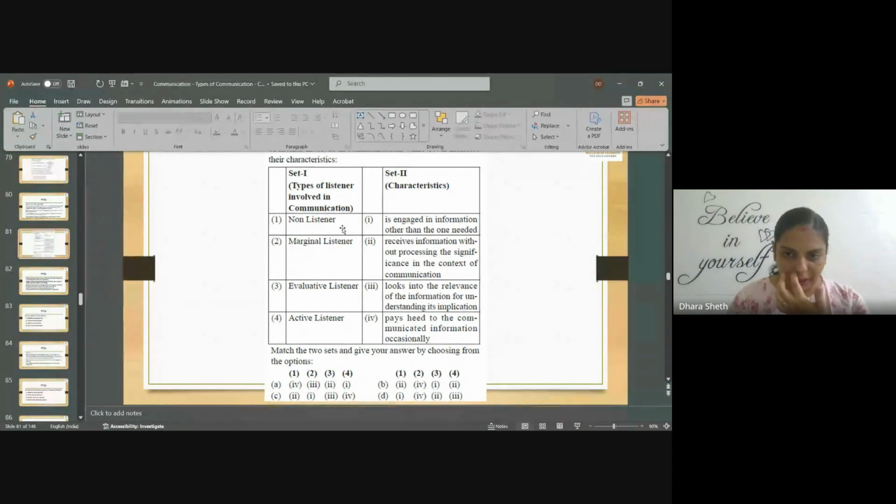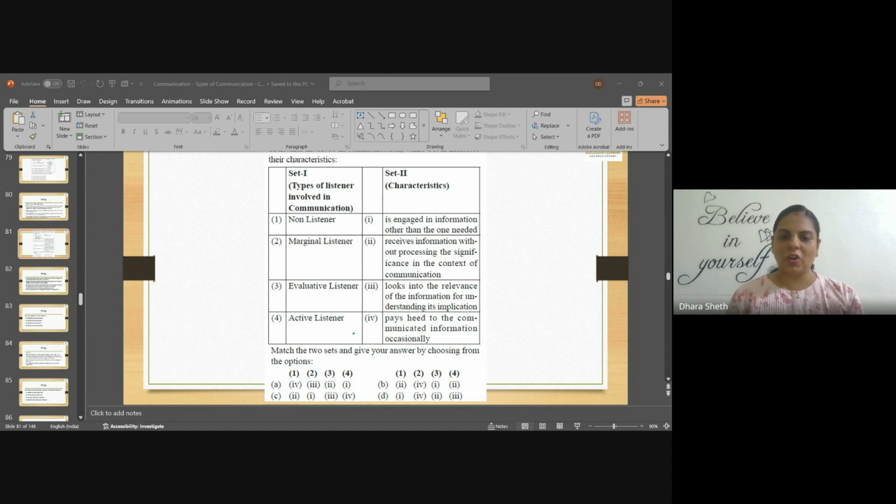A non-listener is engaged in information other than the one needed. Non-listener is someone who's not engaged at all; they are engaged somewhere else. Marginal listener is someone who pays occasional attention.